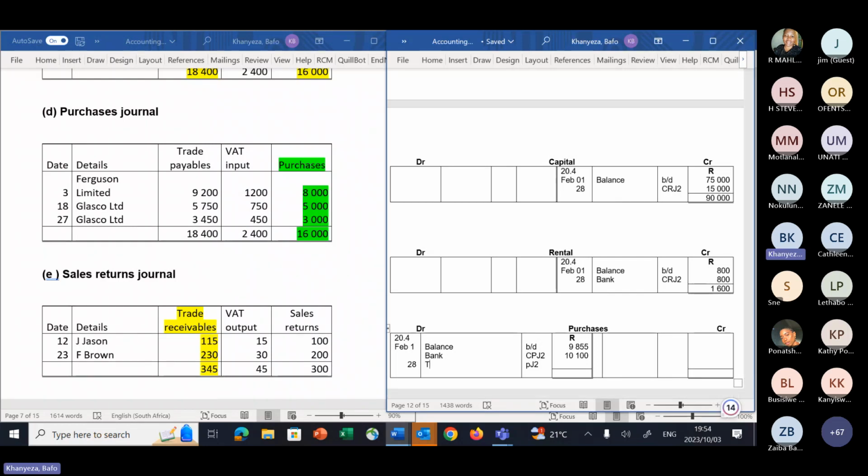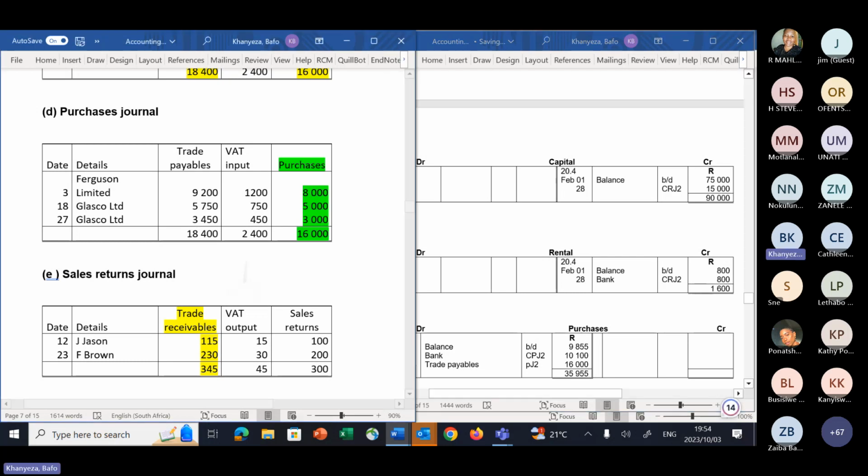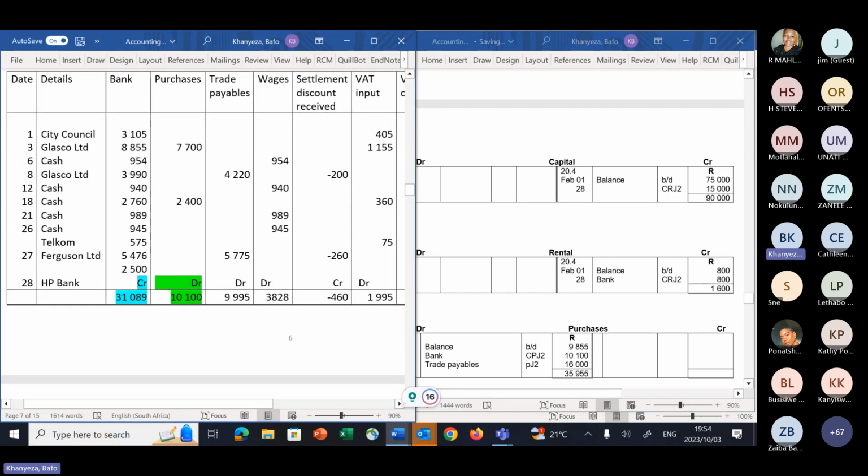So the contra account is trade payables, which is going to give us 16,000. Then we have this amount of 35,955. Then we move on. So we are following some pattern. This is the pattern we are trying to follow.